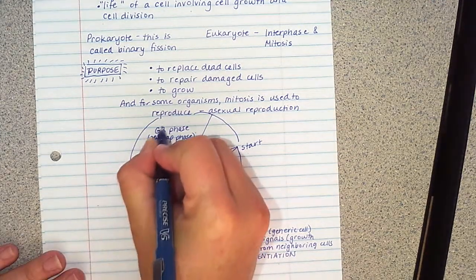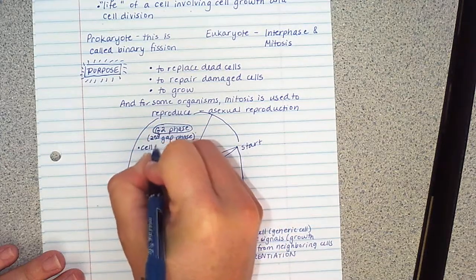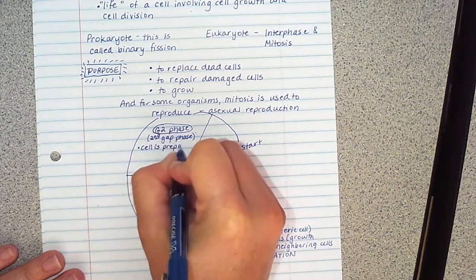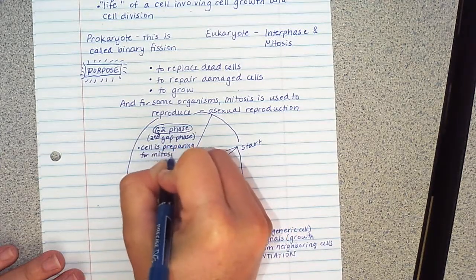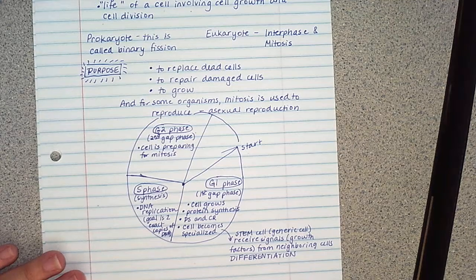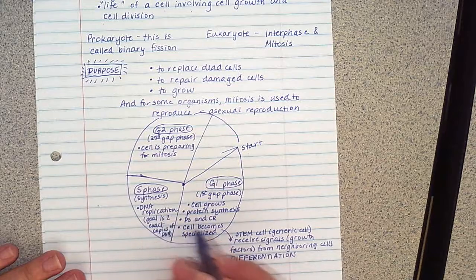In this phase, let me circle it, the cell is preparing for mitosis. So it's getting ready. It's going to double a lot of everything. Cytoplasm is going to double. We're going to increase the number of organelles that we have. We're really just gearing up, saving some energy to go through mitosis.